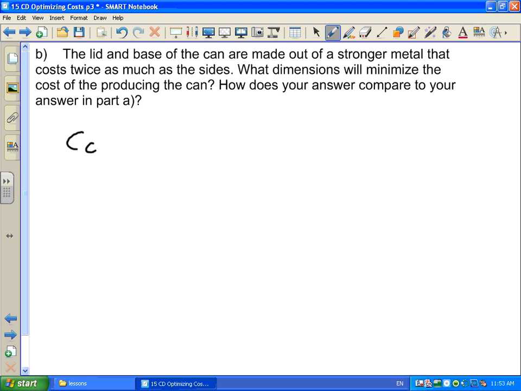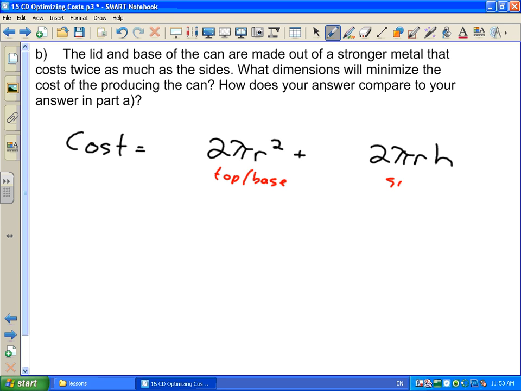So we're going to have a cost function here, and this is going to be based on our surface area. So our surface area formula was 2 pi r squared plus 2 pi r times h, where we said that this represented the top and the base, and this over here was the sides.